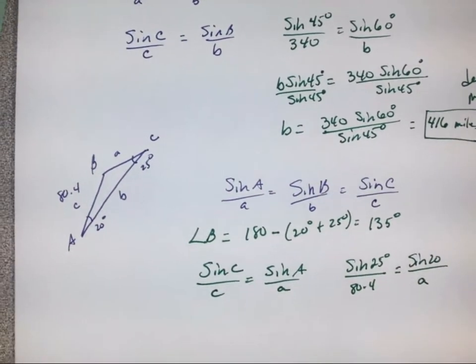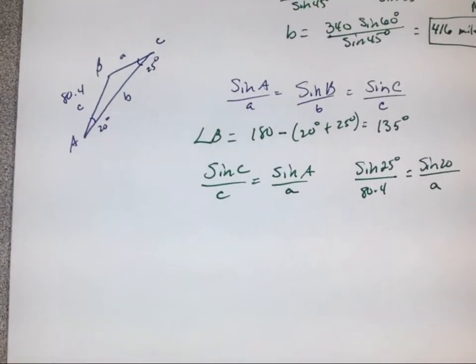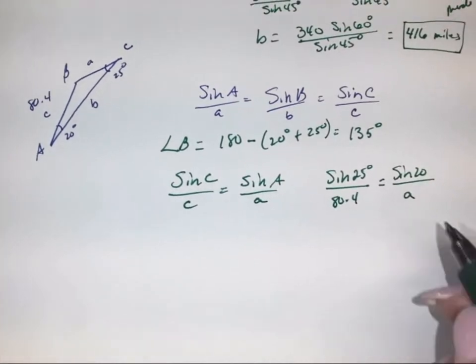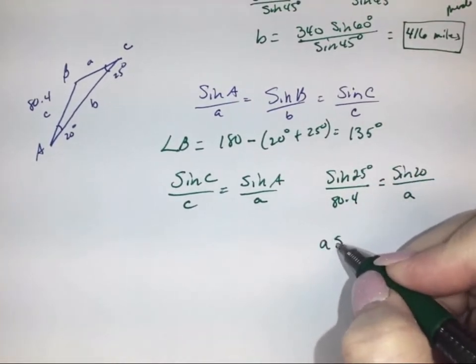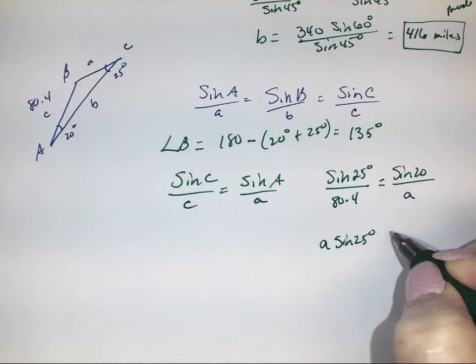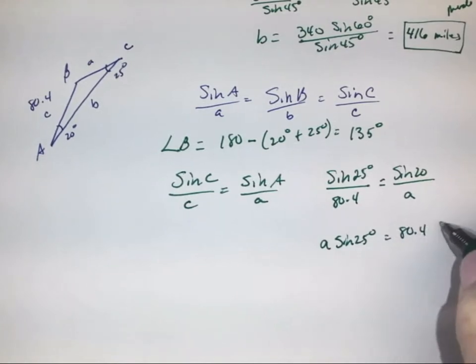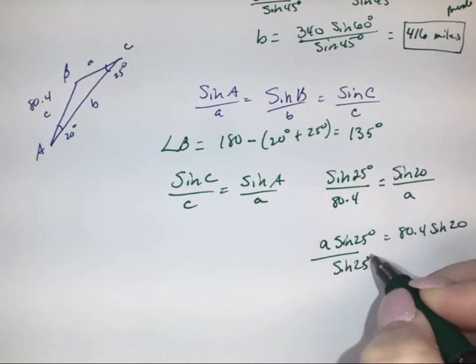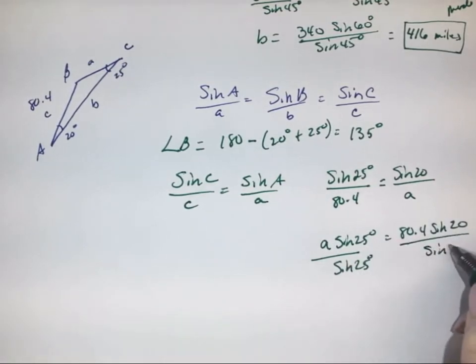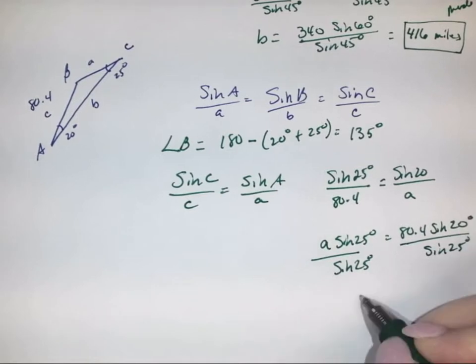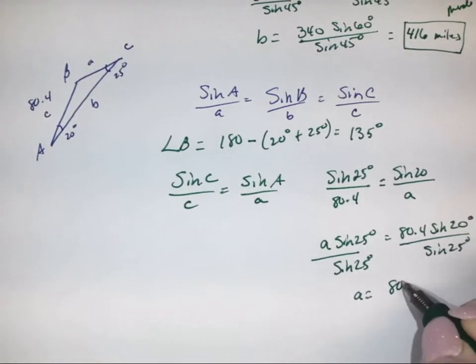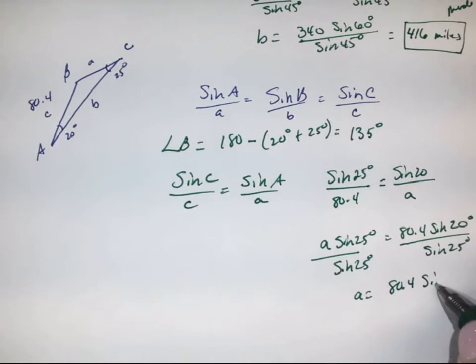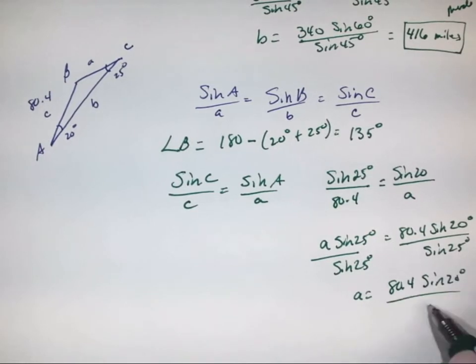And then we will move this out a little bit. Cross multiply again. A times the sine of 25 degrees is equal to 80.4 times the sine of 20. Again, divide by the sine of 25. And we have little a is equal to 80.4 times the sine of 20 divided by the sine of 25.